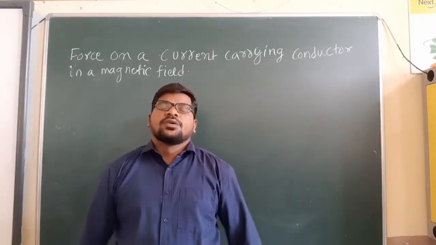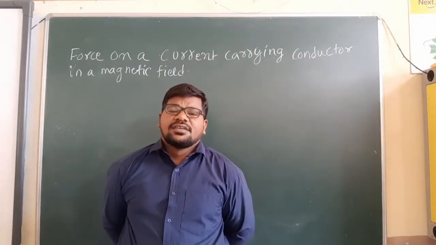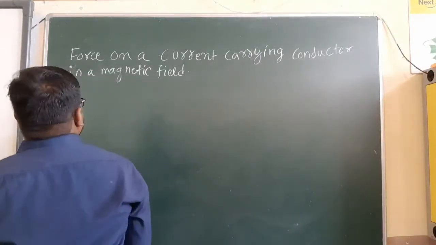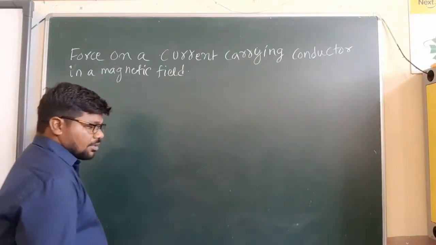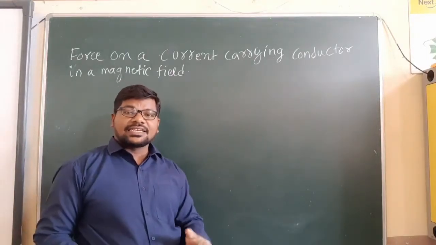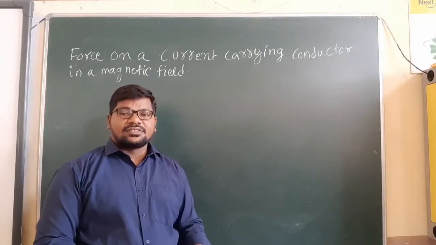Coming to the force on a current carrying conductor in a magnetic field. See here, what happens if a current carrying conductor is placed inside a magnetic field? Let us see.